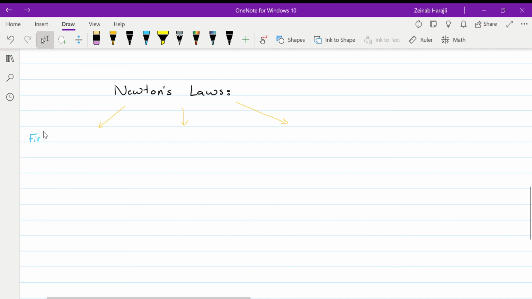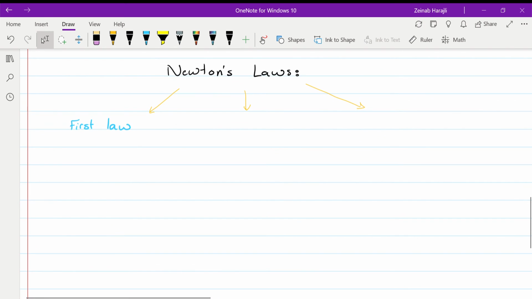Newton's first law says that the sum of forces is equal to 0 if the object is at rest or if it's in equilibrium. And this means that it can be in constant speed, for example, and then the sum of forces will still be 0. While the second law says that if the net force is not 0, then it's going to be equal to the mass times the acceleration.